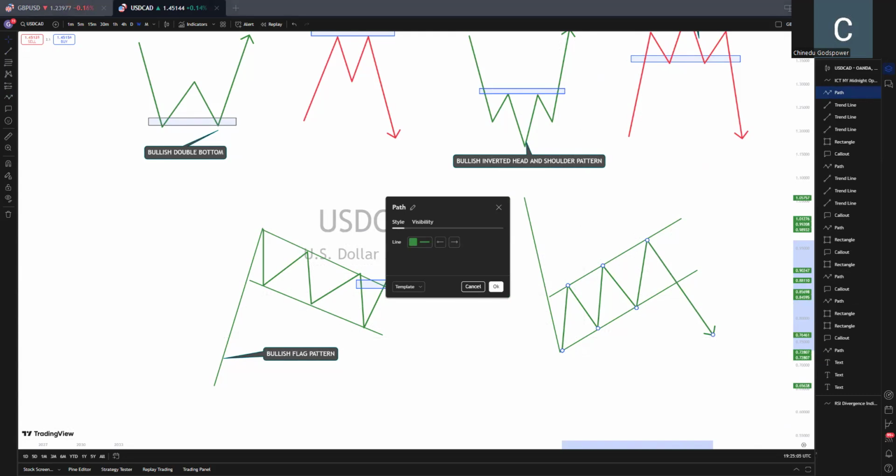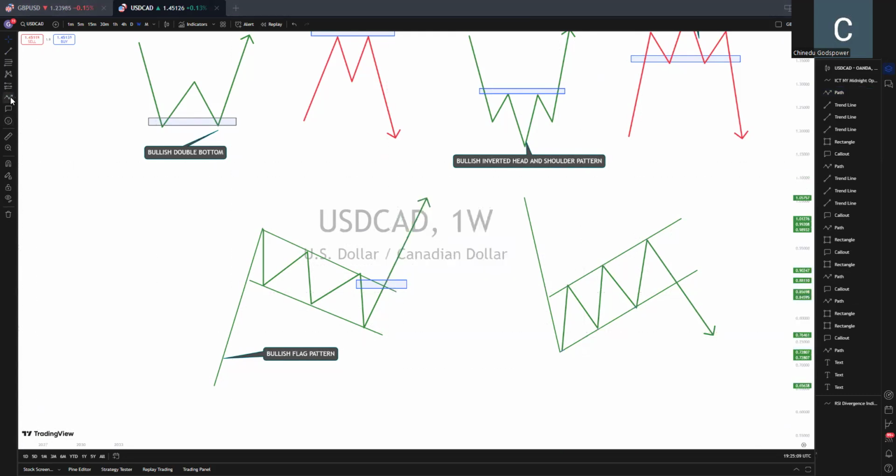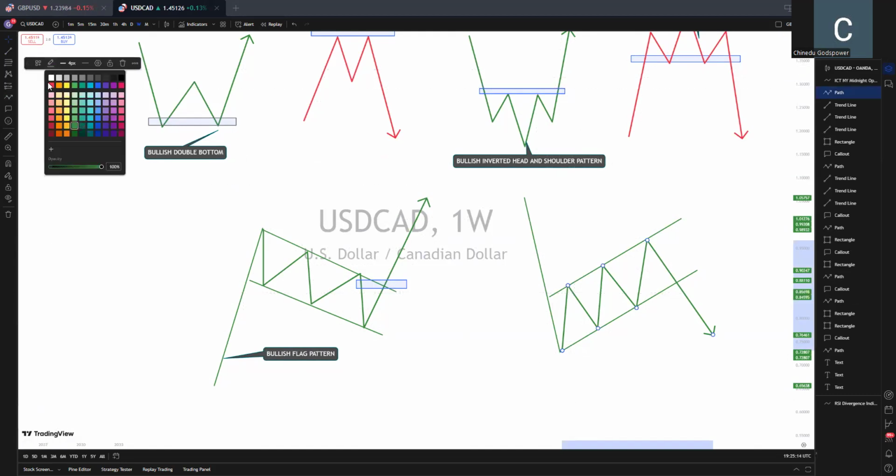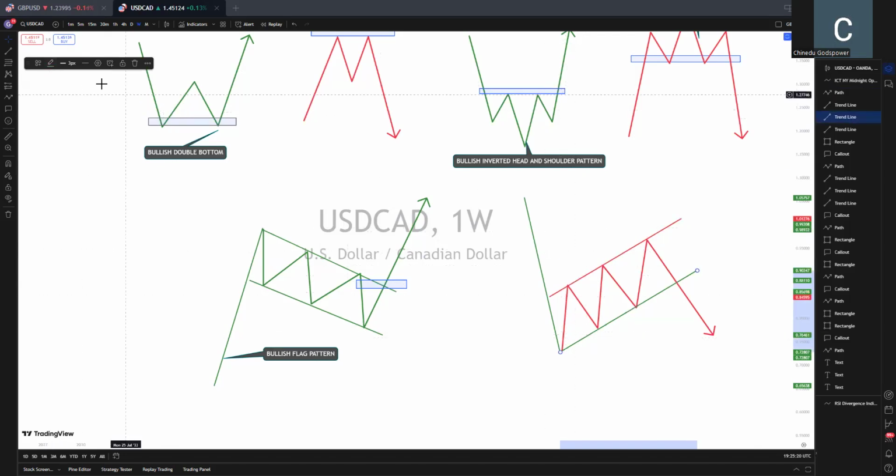All right. So because of that, we're going to turn this red, representing sell. Red.